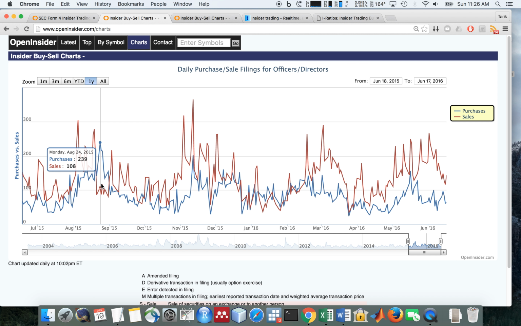They're not looking at the number of dollars that were bought or the number of dollars that were sold, which is another type of chart. And the nice thing about looking at the number of transactions rather than the number of dollars is that the number of dollars can be very skewed, meaning you could have one day a CEO who's a billionaire buy $200 million, $300 million of stock.